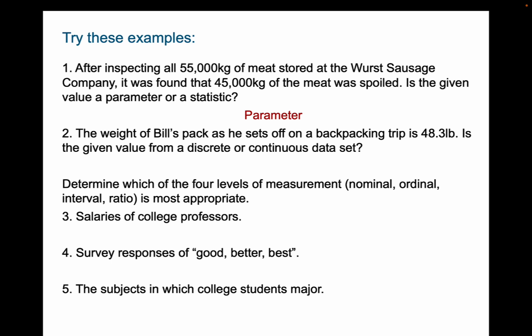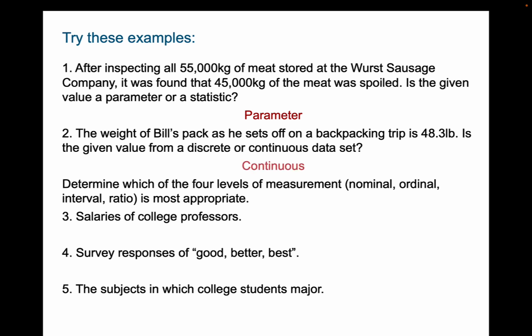So number 1, parameter. Number 2, the weight of Bill's pack as he sets off on a backpacking trip is 48.3 pounds. Is that given value from a discrete or continuous set of data? If you need to look back a little bit, do so on the difference between discrete and continuous.